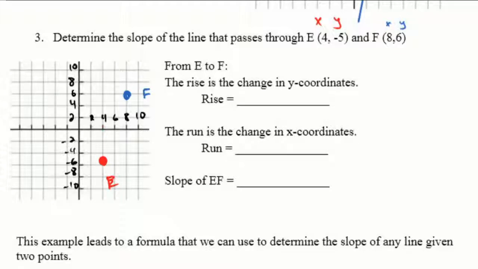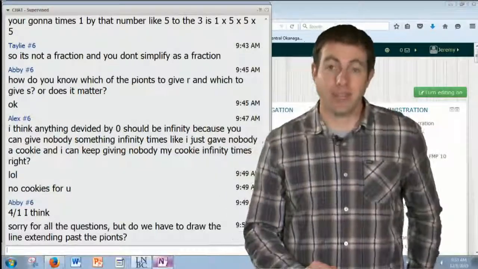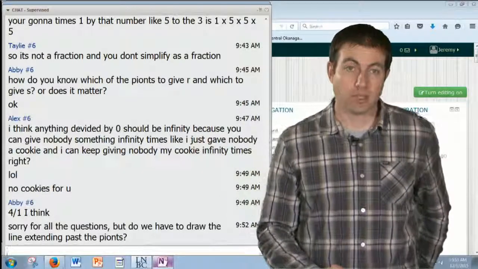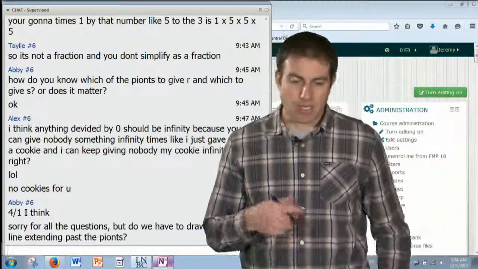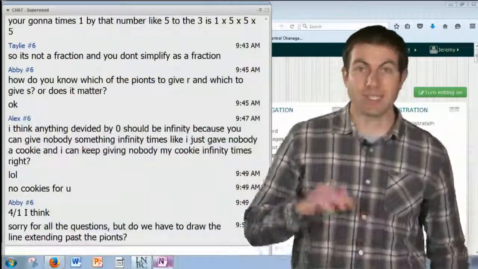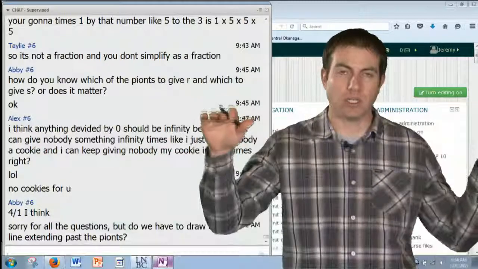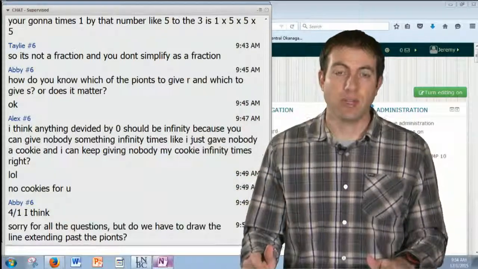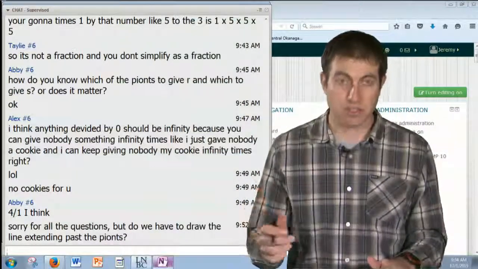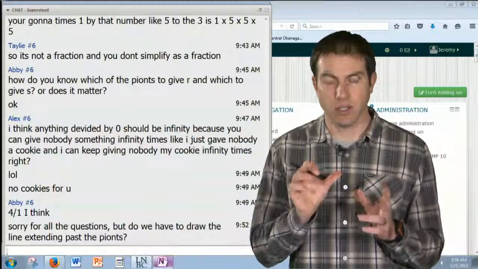Really good question. For all the questions, do we draw the line extending past the points, or do we just connect those 2 points? Generally speaking, unless it says line segment, you're going to draw right through the points and continue on for the whole width of your chart. If the line were to specify a line segment from point E to F, then you would just connect the dots.